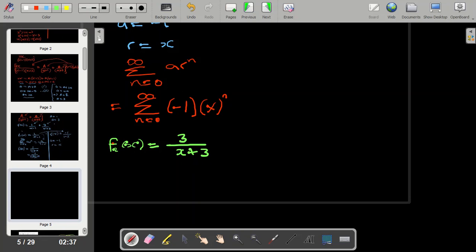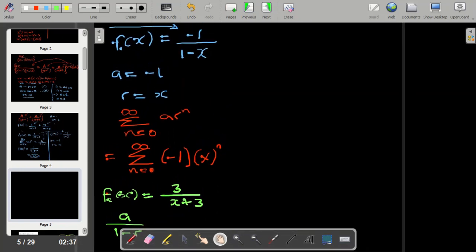So we need to convert this again into the same usual form, which is a over 1 minus r, because this is centered at 0. We should remember that fact.